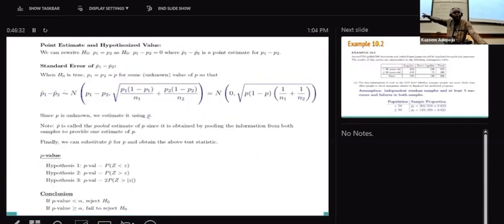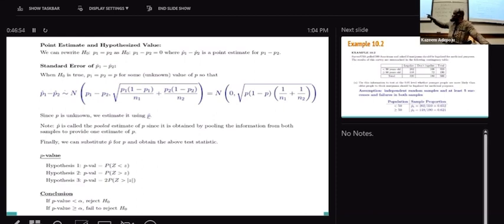For hypothesis 1, where the alternative is less than, I need to calculate the probability of Z less than. In hypothesis 2, where it is greater than, the p-value will be the probability of the z-statistic greater than.